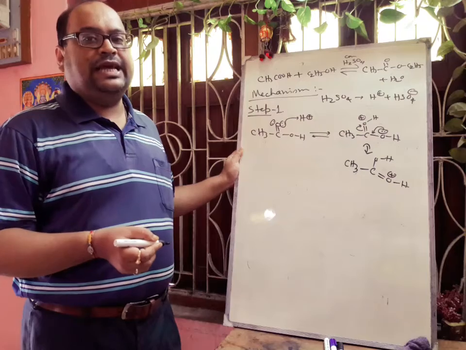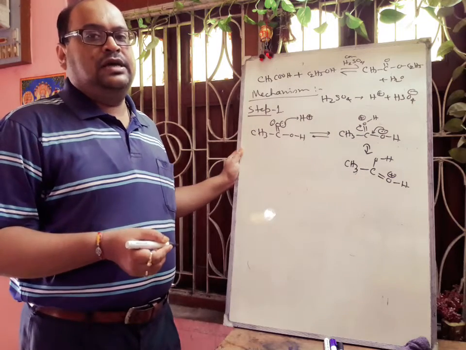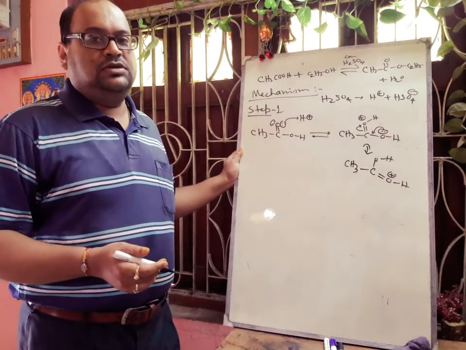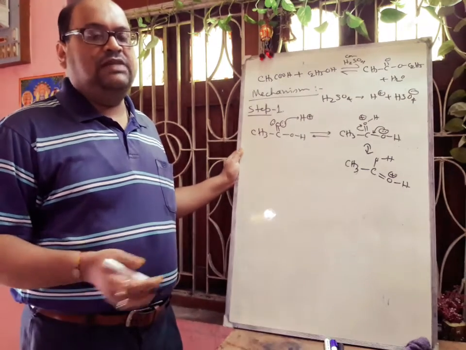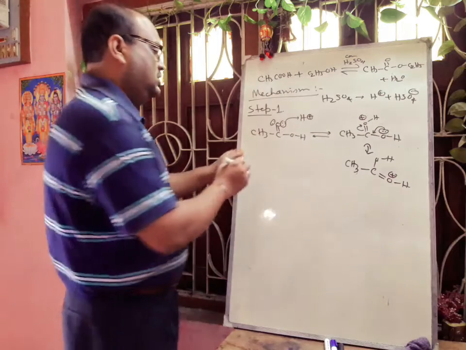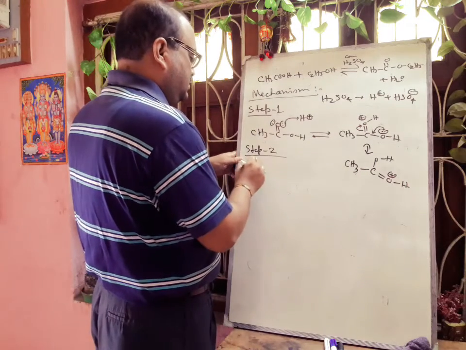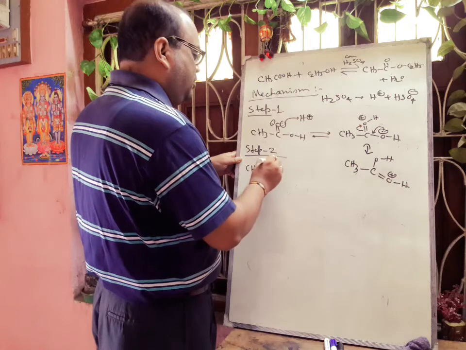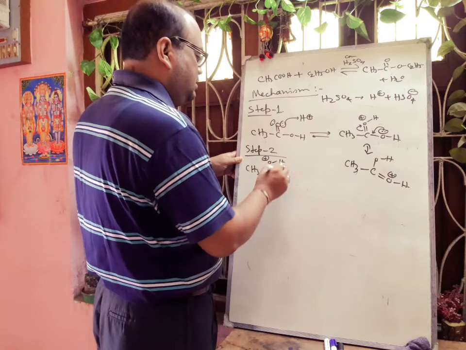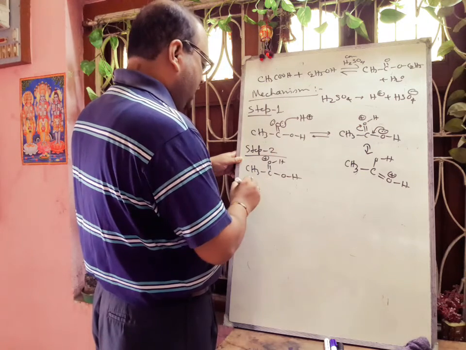Okay. In the second step, what will happen? A molecule of alcohol will act as a nucleophile, and it will attack the carbonyl carbon. So in the second step, that protonated acid will be attacked by alcohol.